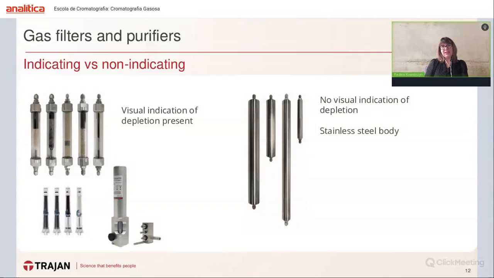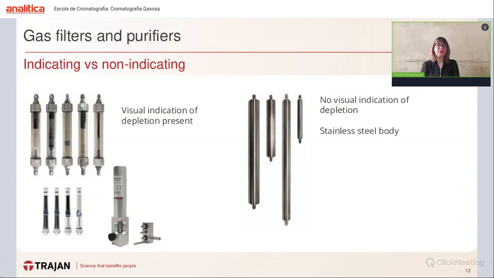So, a different classification of the gas filters. They can be also divided into indicating and non-indicating. Non-indicating gas filters are usually made from stainless steel bodies.